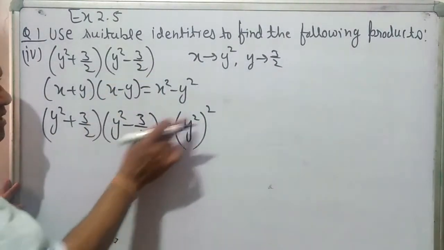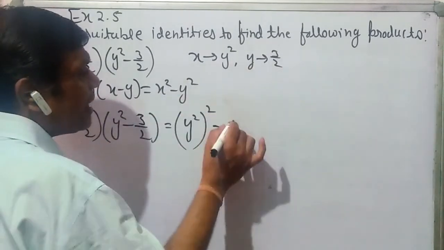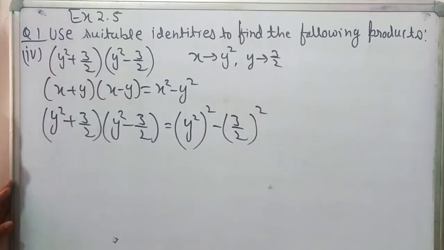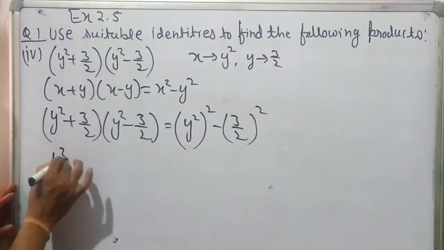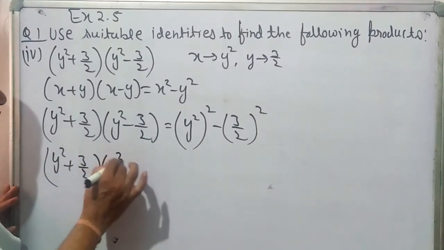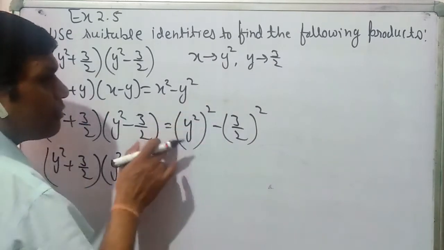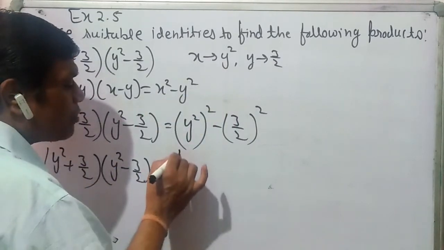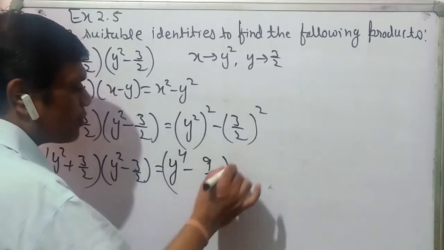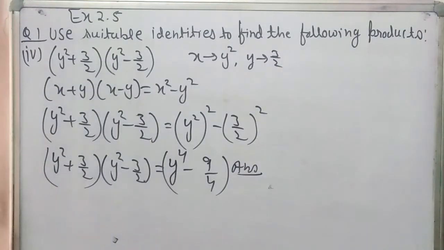So (y²)² minus, in place of y we have 3/2 and its square. So what we are getting is y² squared is y⁴, minus 9/4. So that should be the answer to this part.